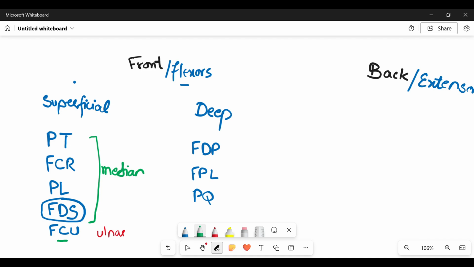Whereas among the deep group, the medial half is supplied by the ulnar nerve, whereas the lateral half as well as the flexor pollicis longus and pronator quadratus are supplied by the median nerve.